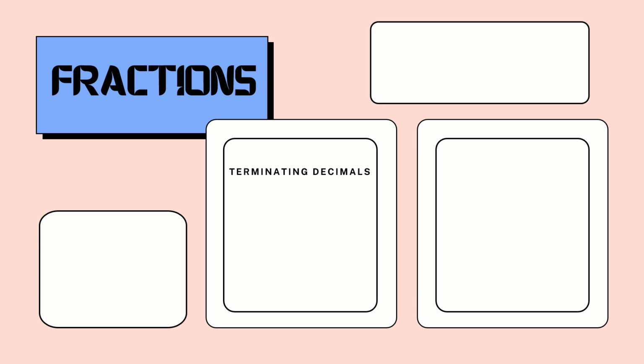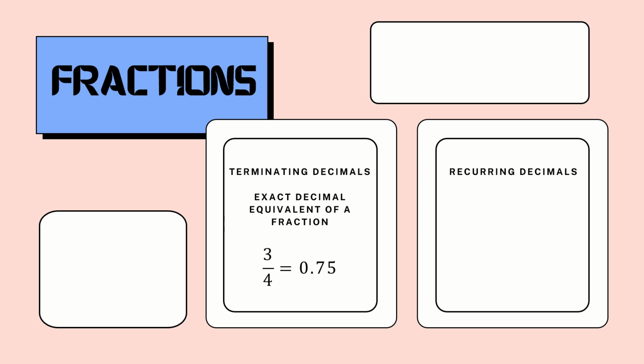First is terminating decimals and second is recurring decimals. Terminating decimals are the exact decimal equivalent of a fraction. For example, 3 per 4, we can write it in decimal form as 0.75.